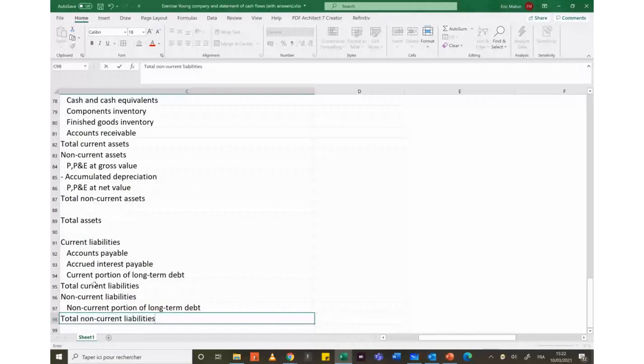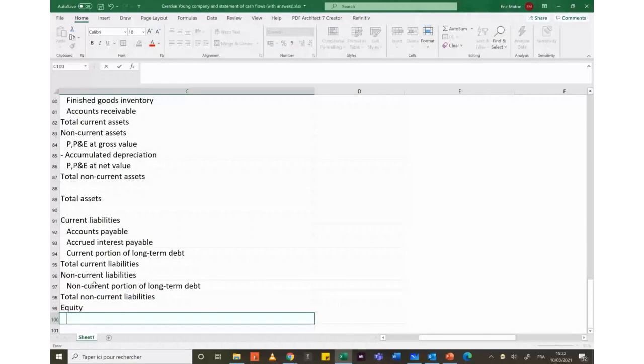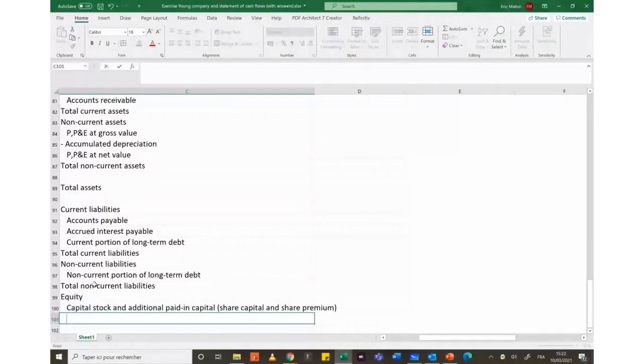After I have the equity. In the equity, I have the capital stock and additional paid-in capital, or what we also name share capital and share premium. So from external financing, I have the retained earnings.